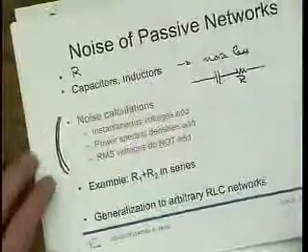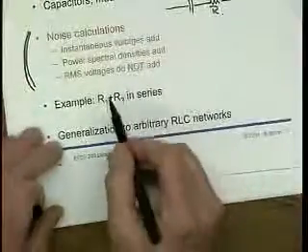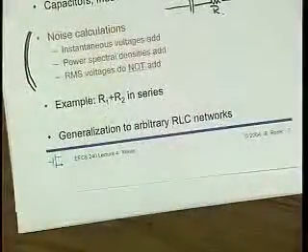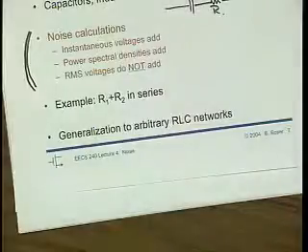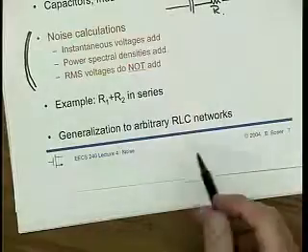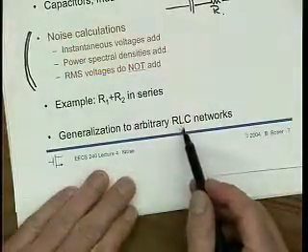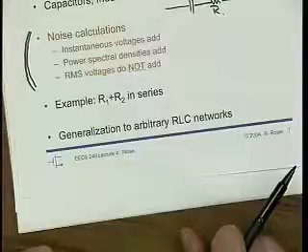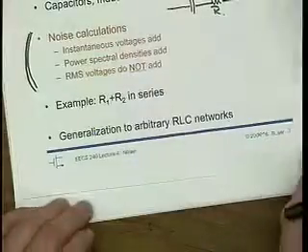Okay, what else? Apparently if we have 2 resistors, we can figure out the noise of the combination of those 2 resistors, no big deal. Right? And sometimes it's useful that we can generalize this principle to arbitrary RLC networks.